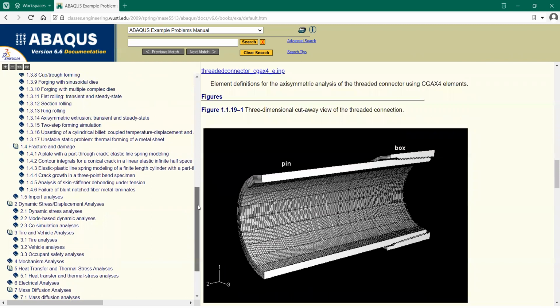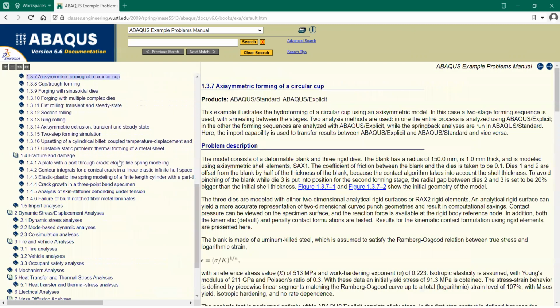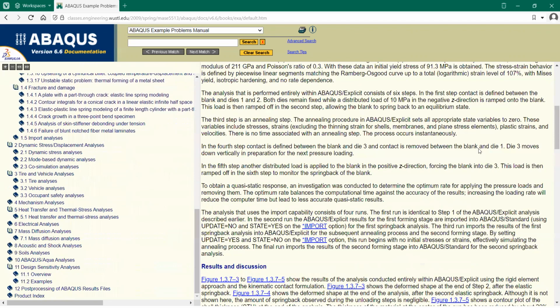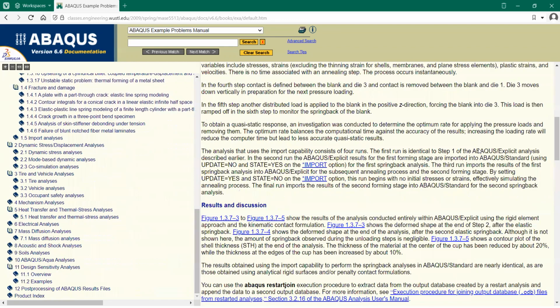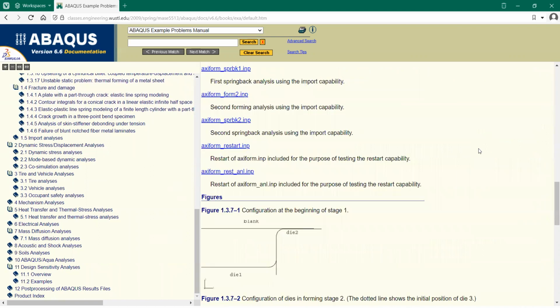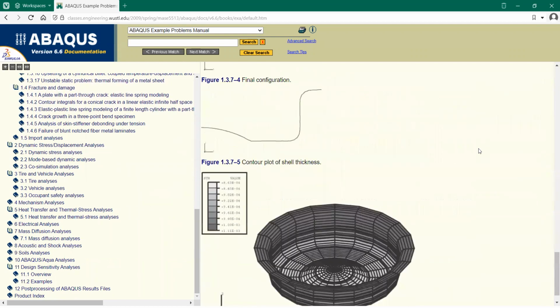Let's look if we can get one more axisymmetric. There is a circular cup. Is it a U-shaped cup? Okay, so you're forming a cup, maybe a steel cup. What material is this? A blank, a die, and the first forming stage.